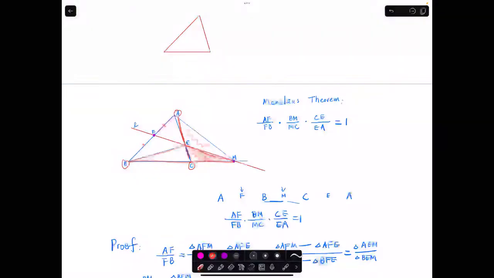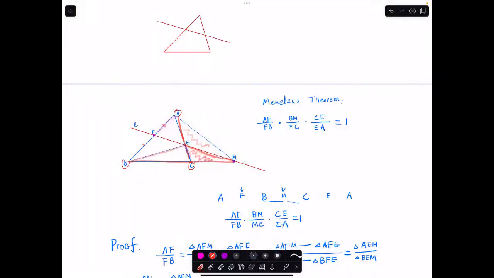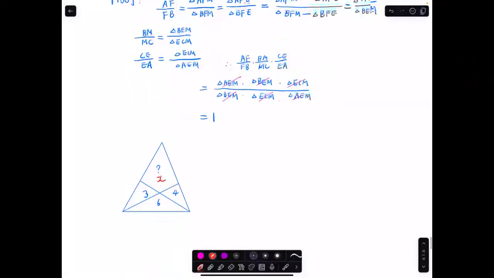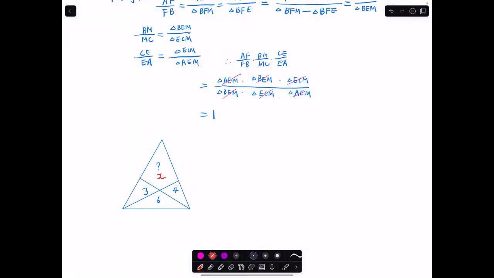And then you have a straight line cutting through it and meeting the three segments, sometimes the extension of the segment, at three different points. In this case, again with three different points. But here, do we see that? Right? Where is the triangle? Which one is the triangle? Which one is the cut?